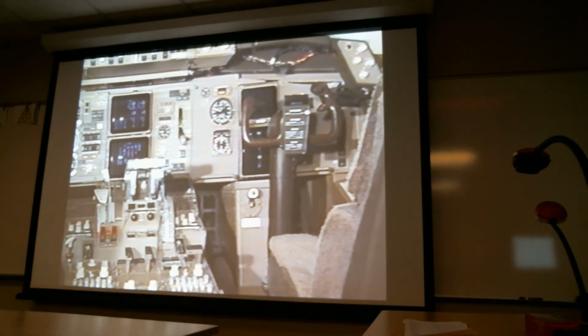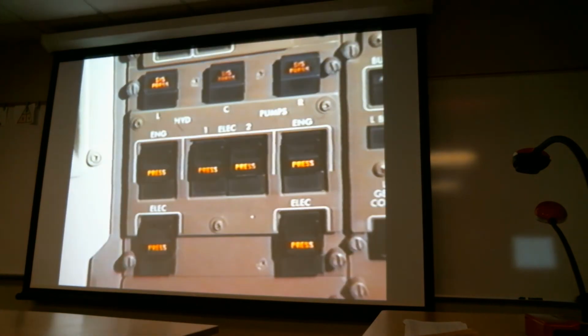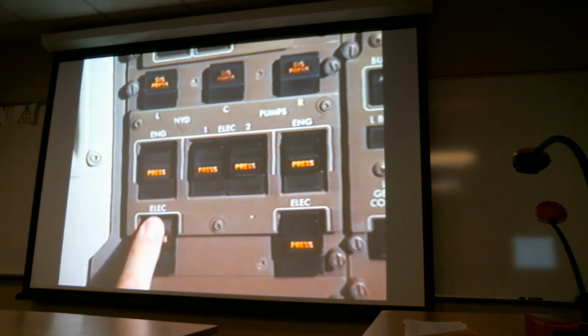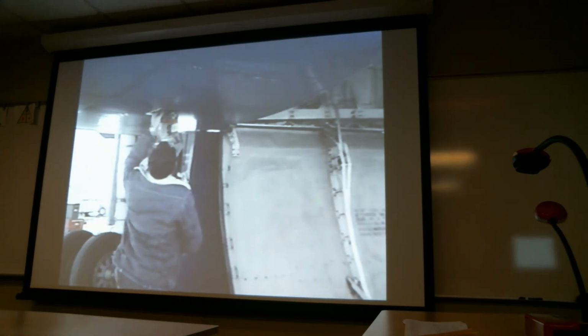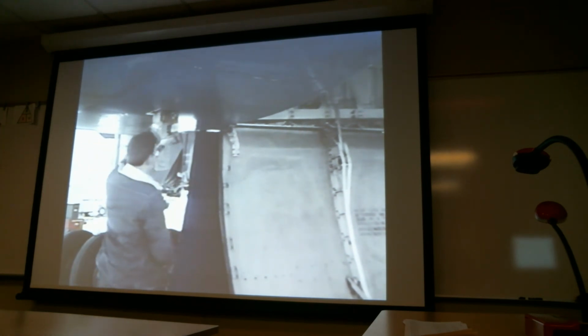On the flight deck, activate the ICAS display as before. Next, activate the ACMP for the left hydraulic system. Now, close the main landing gear doors, and then the nose gear door.